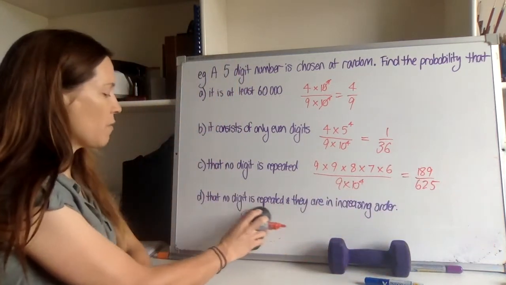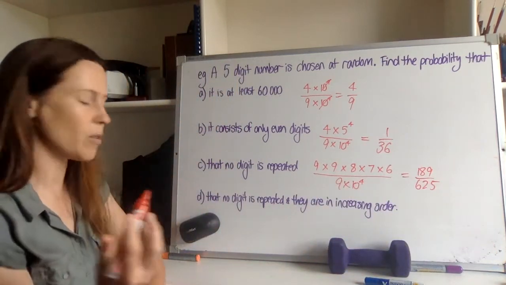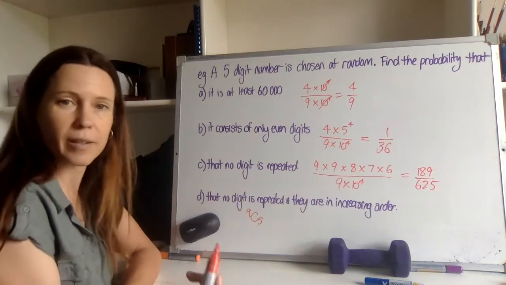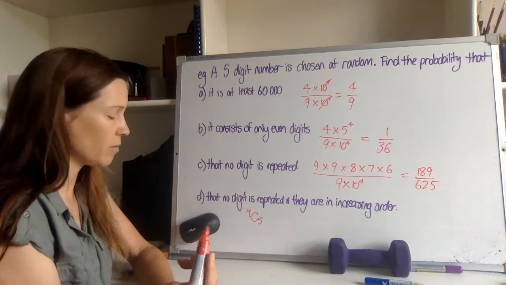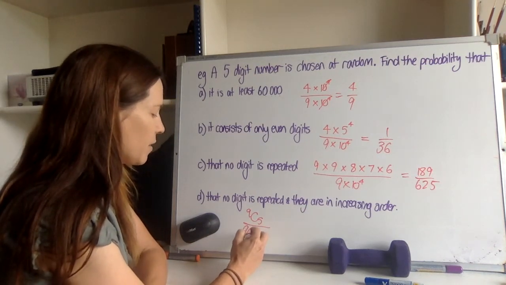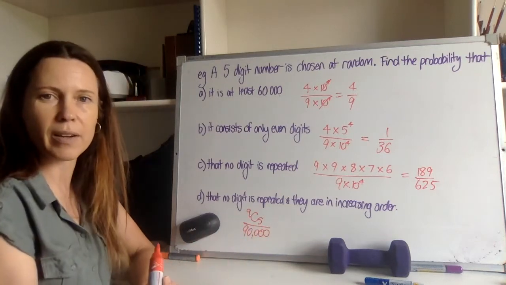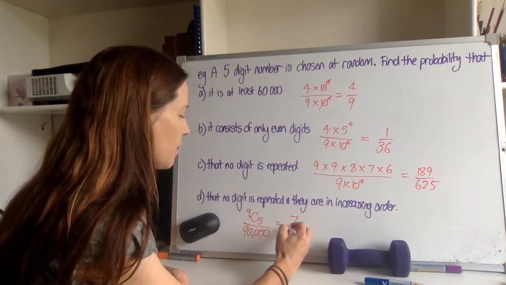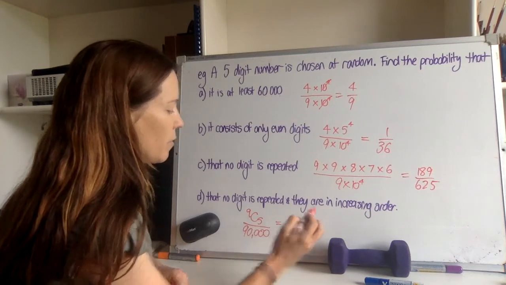So my working for this, once I've thought all of that through, would be to say I've got 9 choose 5 ways of picking my 5 digits, only one way of arranging them, out of the 90,000 5-digit numbers that there are altogether. And this will give me 7 5,000ths of a chance.